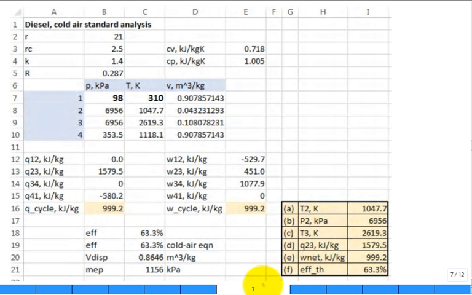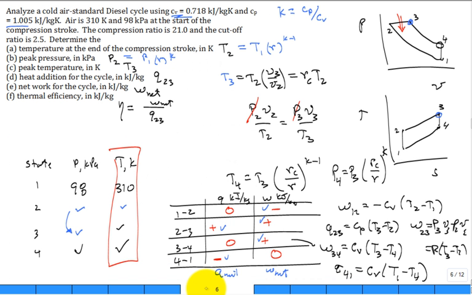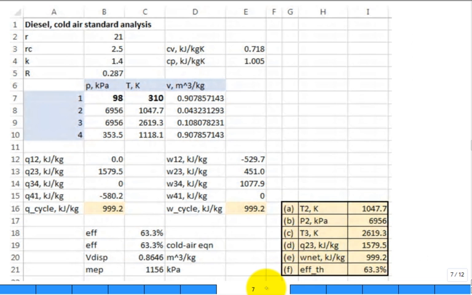Here are the numbers for that problem, so you can take a look at it. And so, again, these are zeros on the heat transfers. This is 0 on one of the work.